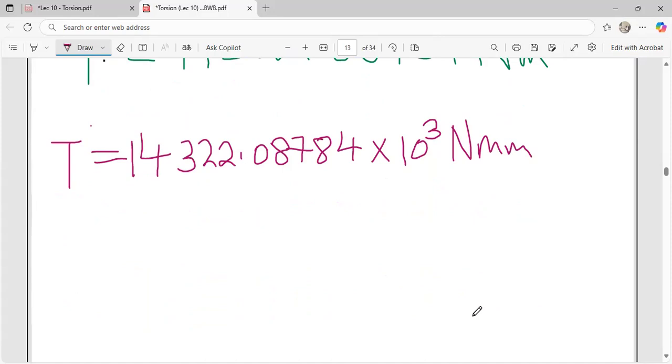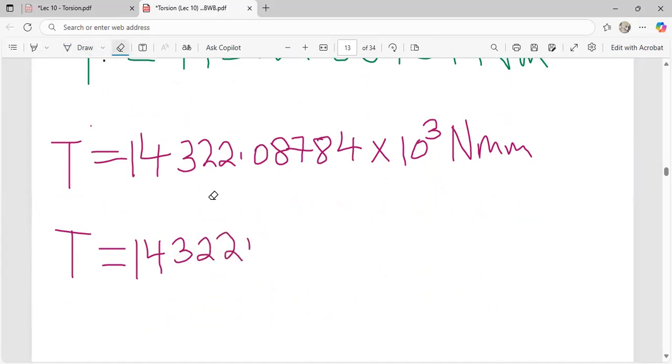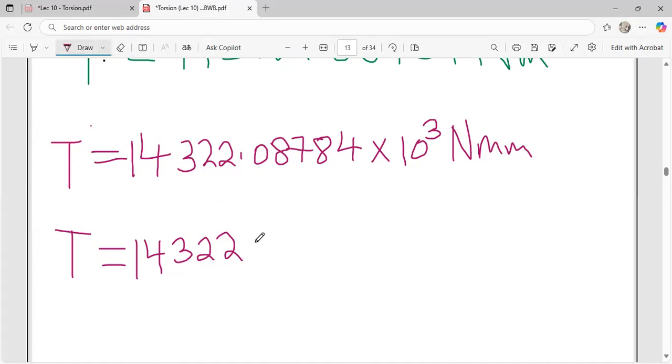Okay, good. At the end of the day, now we know the value of our T. We now know the value of our T, and in its simplest state it is the same as this: 14322 point. The decimal point will not come anymore if you multiply the whole of this.